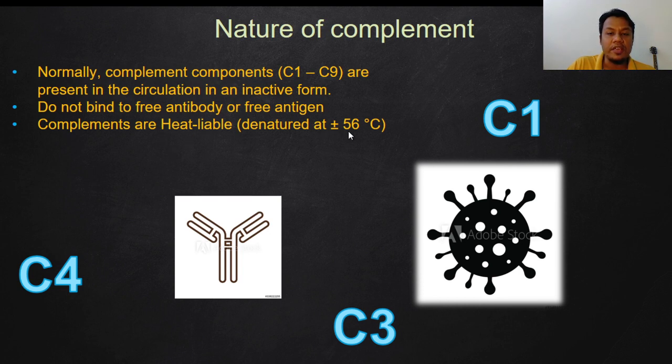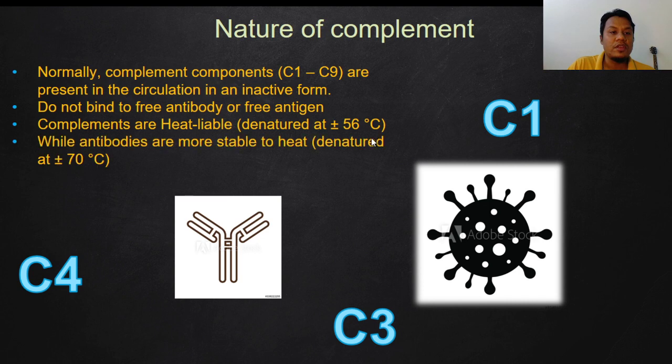That means they are denatured at 56 degrees, compared to antibodies, which are more stable to heat. They denature at 70 degrees Celsius. This issue of stability to heat will also be applied in the complement fixation test.